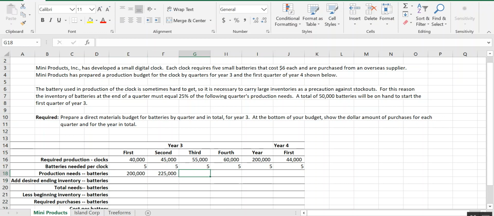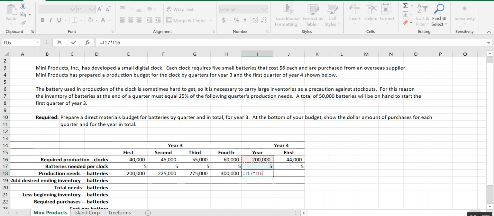In the second quarter, we're going to need 225,000 batteries. In the third quarter, we need 275,000 batteries. And in the fourth quarter, we need 300,000 batteries. Now, overall for the year, we're going to utilize 1 million batteries.